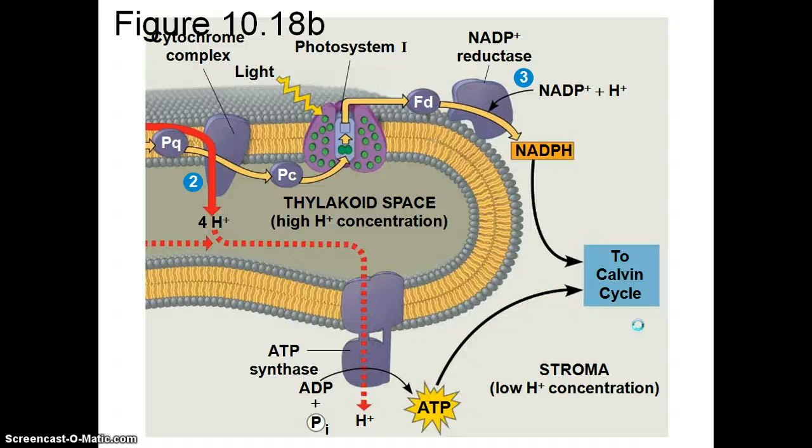So this is just a close-up showing that same idea. And what I'd like you to see in this picture in particular are the different parts of a photosystem. So we have this central part that's called the reaction center, and that's where the electrons actually become excited and move up into an electron transport chain.